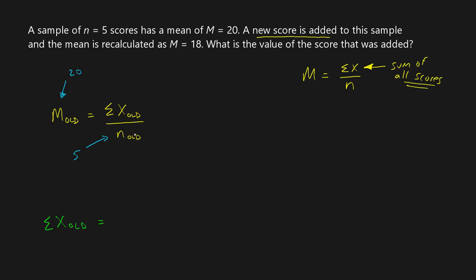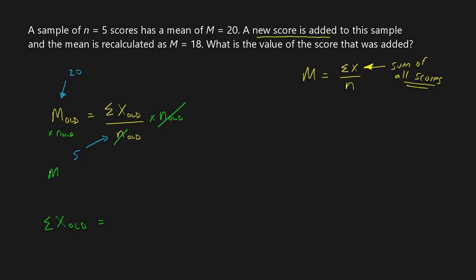To undo anything when you're dealing with an equation, to undo this division by n, you just do the opposite. So I'm going to multiply by my old n. But whatever you do to one side, you have to do to the other side. So this is going to be M old times n old. So these two will cancel, and that'll leave me with this equation.